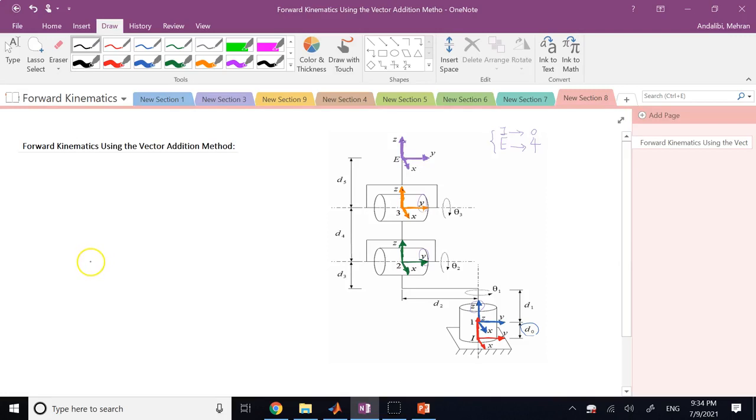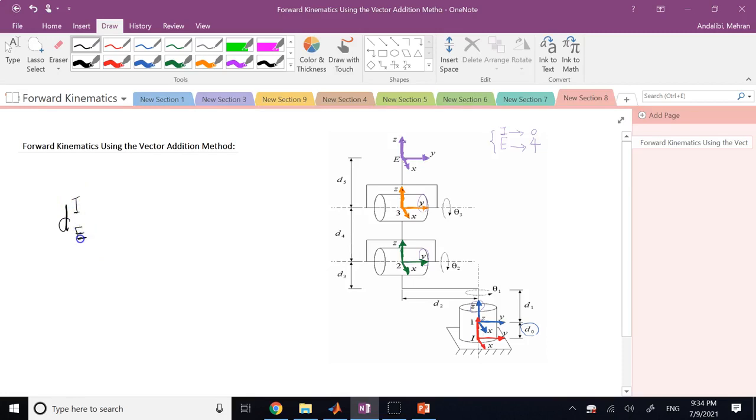Now, what we need is to find the position of point E, or origin of E, with respect to what? I, correct? So I can write it, if I want to go with the same notation as Denavit, as d of E in frame I with respect to I, correct?